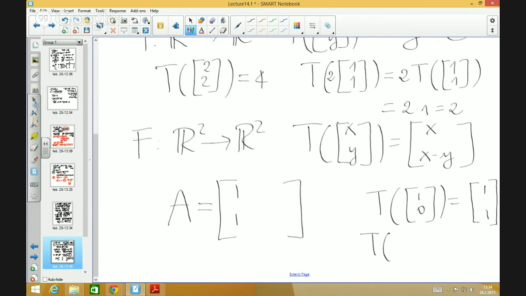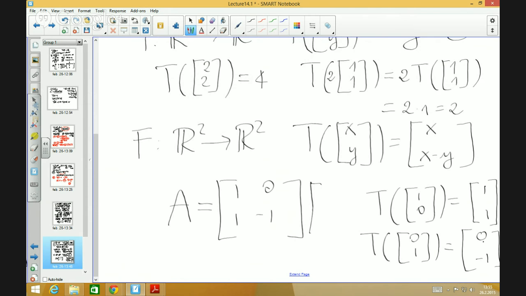And T of (0, 1) would be the other column, which is (0, -1). Yes, it's 0 minus 1 because x is 0 and y is 1. Anyway, you can check it.